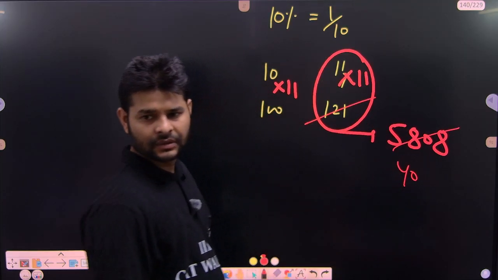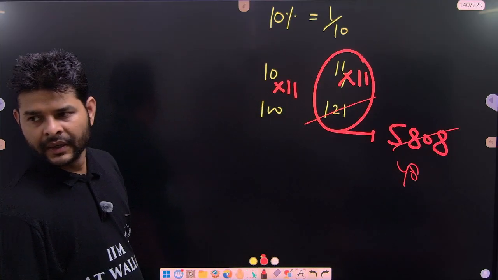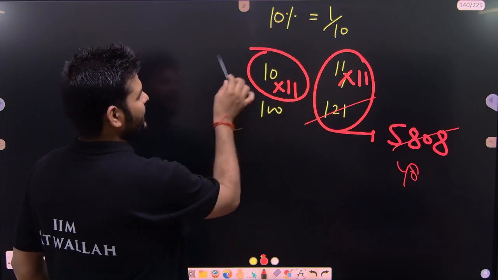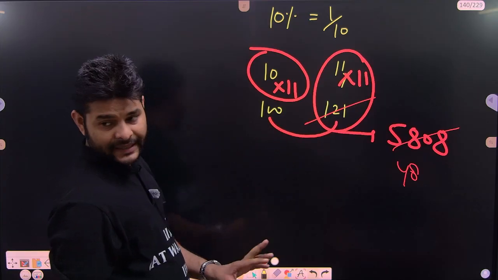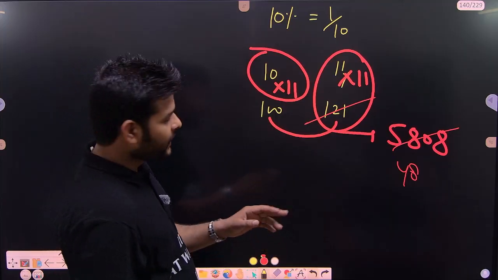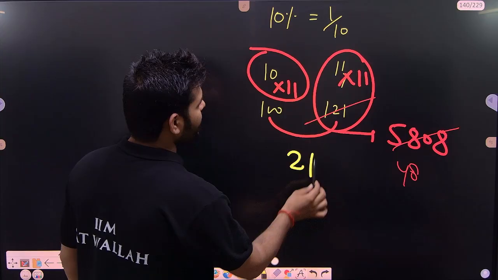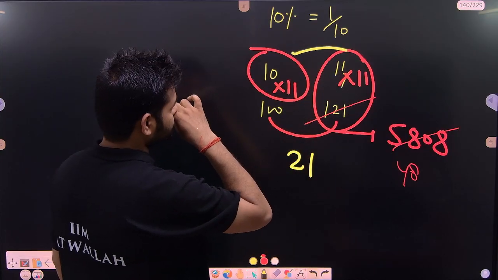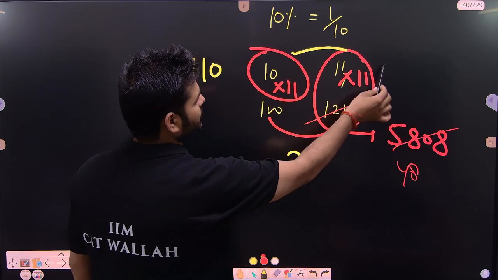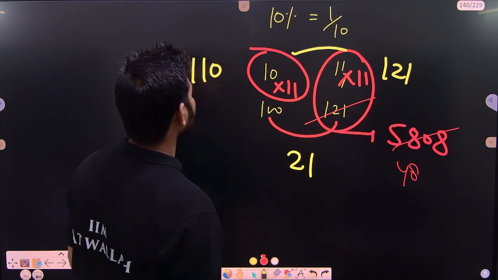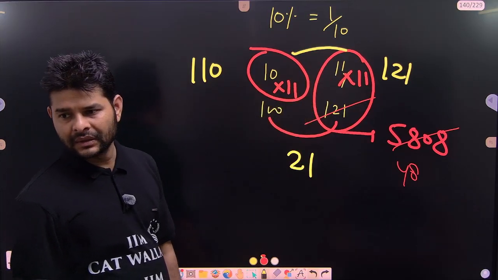And over here the simple interest, SI, CI, over here CI is 21, and over here 110 and 121, 11.